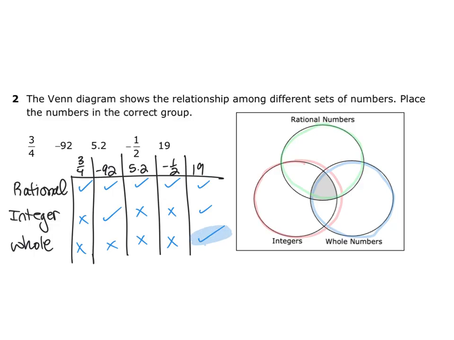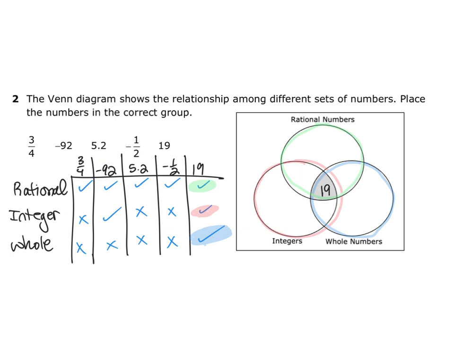So where can I place it? It's a whole number, and it's also an integer, and it's also a rational number. So it's going to go in the area that has all three of those. It belongs to all three sets, so it has to go there. And it's the only number that's going to go there because it's the only number that belongs to the set of rational numbers, the set of integers, and the set of whole numbers.